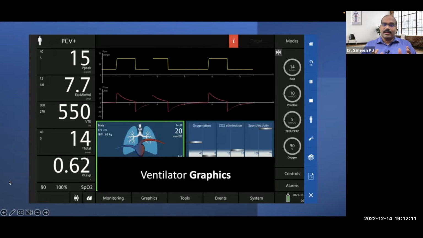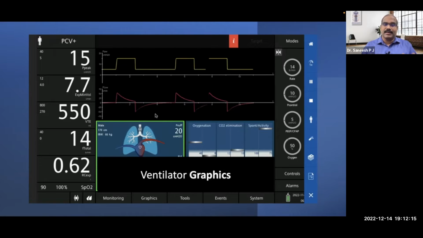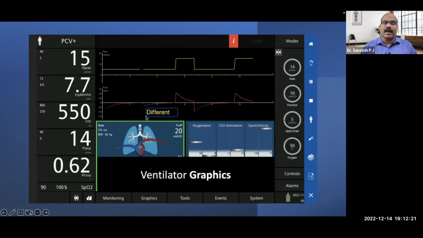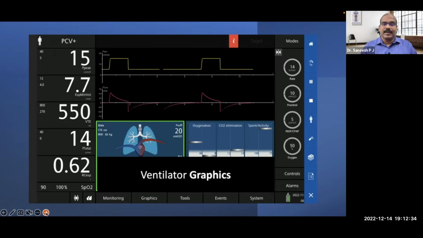But to satisfy that, the healthcare provider near the ventilator should know how to interpret or make sense out of this screen, out of these graphics, out of the scalars and loops. That's what we are trying to explain in simpler terms in this session. So we will start with the scalars.